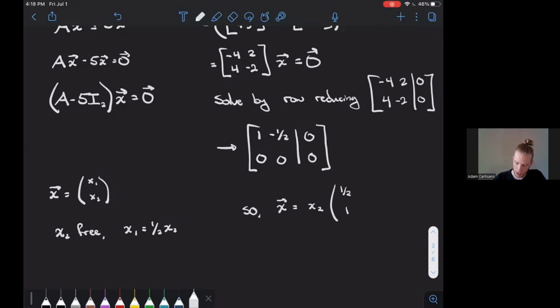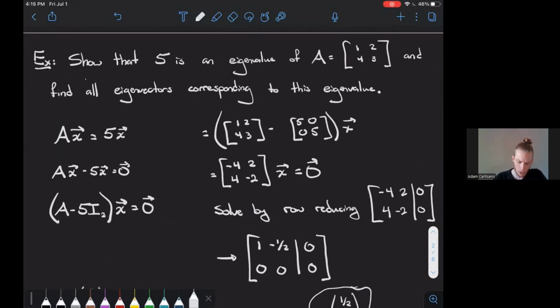I guess we should probably parameterize our solution set. So let t equal x2, right? Do a parameterization. So non-zero multiples of this vector apparently are eigenvectors.